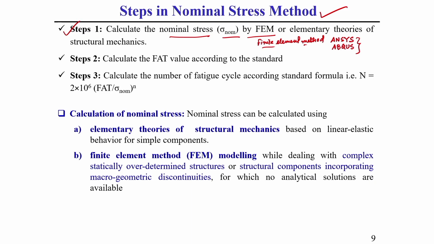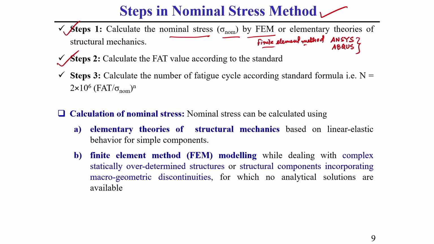If the geometry is very simple, we can use elementary theory of structural mechanics, which I have already shown in the previous slide, like a plate with a hole. For calculating the nominal stress directly we can use F divided by W minus d into T, where T is the thickness of the plate. That means the first step is calculating the nominal stress.